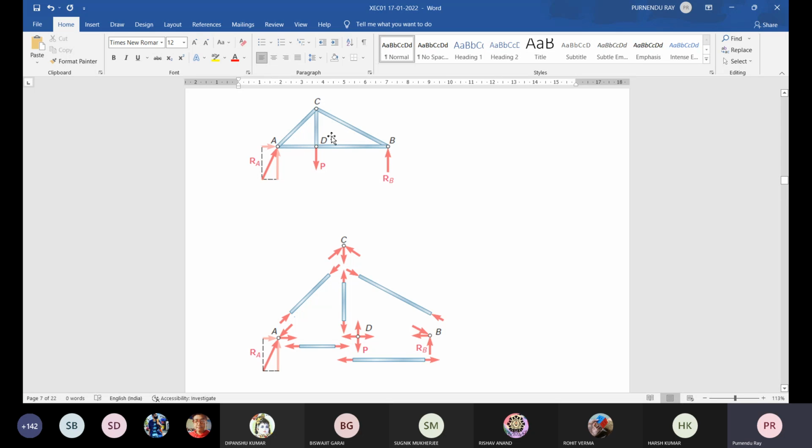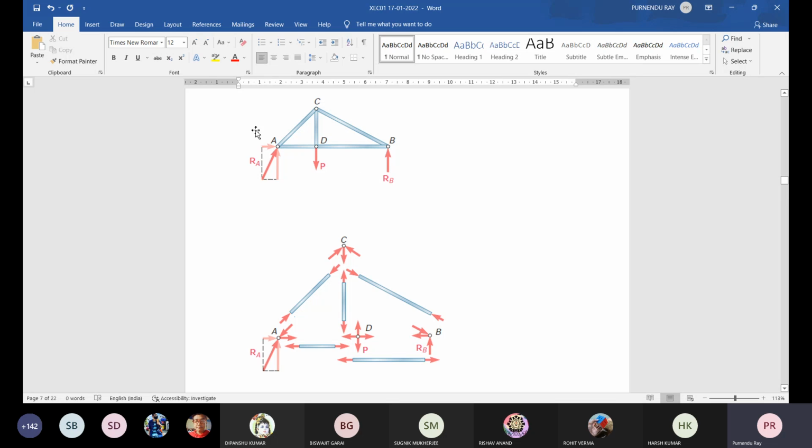Next, corresponding to the member BC, the force offered by the member BC at the joint B, and the force offered by the joint B on the member BC is this one. And these internal forces must be equal and opposite for overall equilibrium.